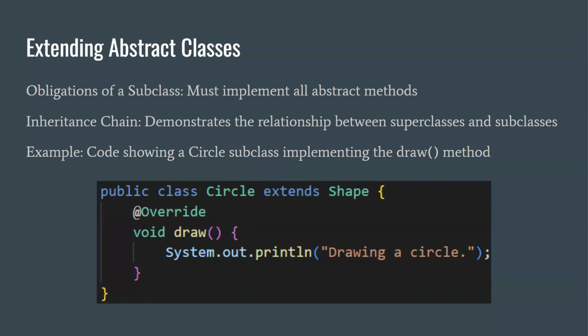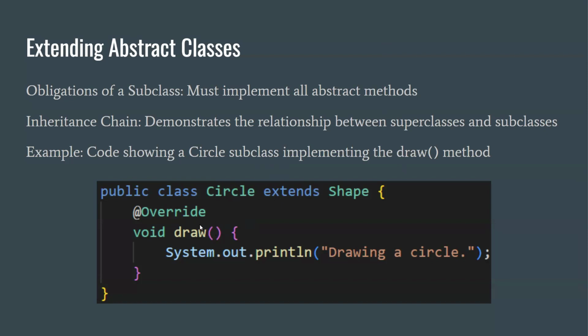Extending abstract classes. So when a class extends an abstract class, it inherits all of its methods, but it must provide implementations for all abstract methods. So we can see here example shows the circle class extending shape.